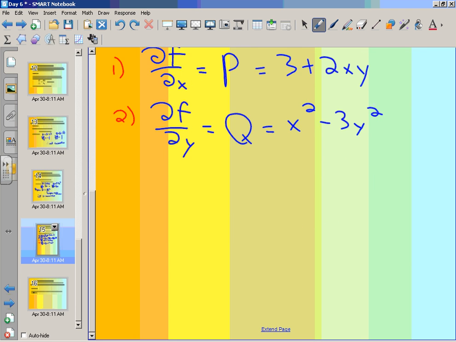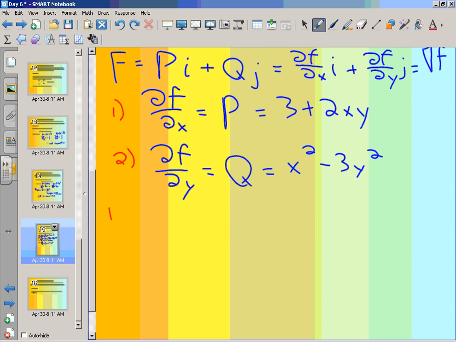When we integrate 1, we get f equals 3x plus x squared y, and then plus some constant because we integrated. But that constant could be a function of y because we just integrated with respect to x.